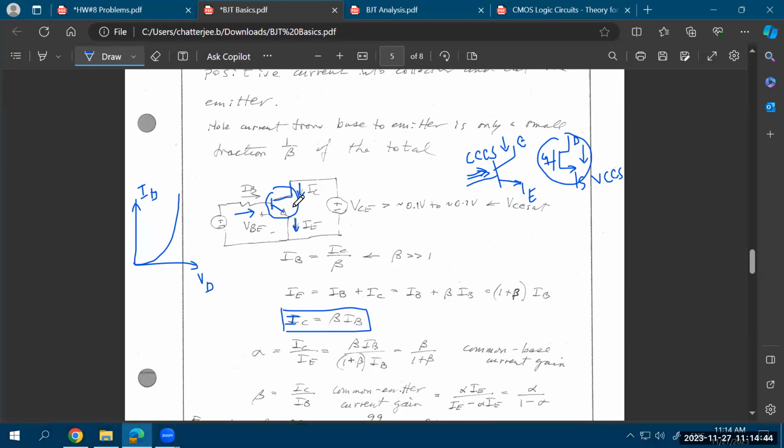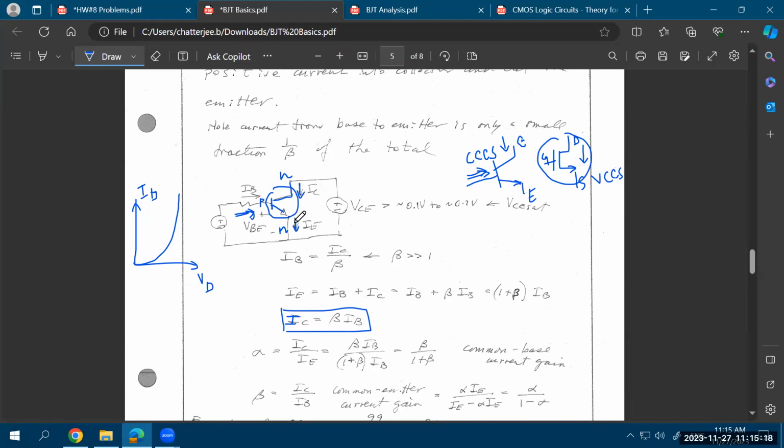Again, that's the biggest difference: there is a current flow at the base terminal of the BJT, but there is no current flow into the gate terminal of a MOSFET. This is an NPN type BJT, so this is N, this is P, and this is again N. In this case, you are pushing a current in at the base terminal.